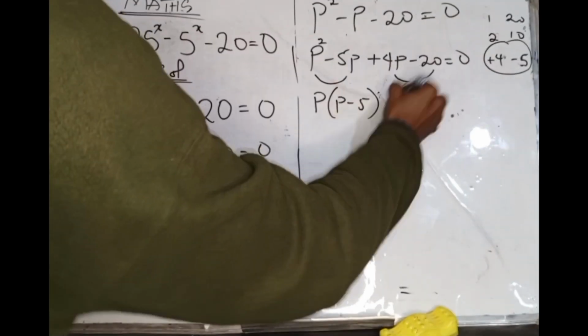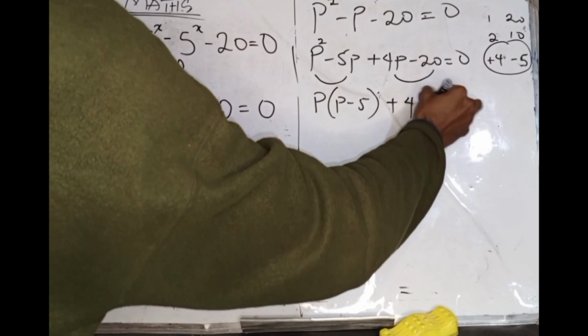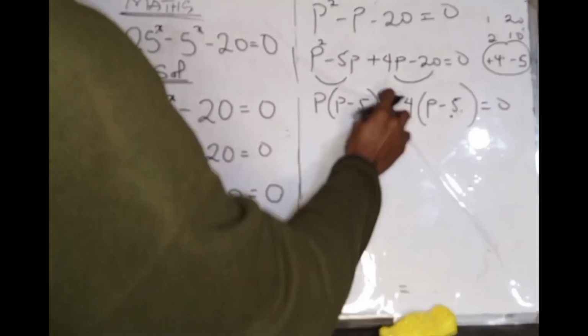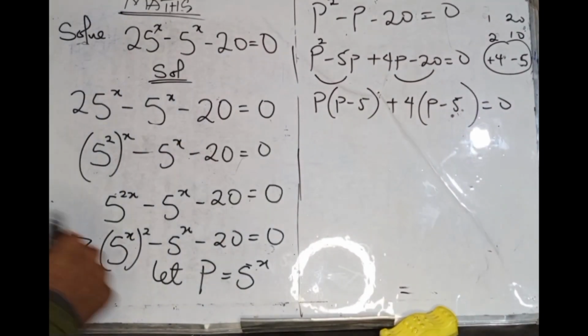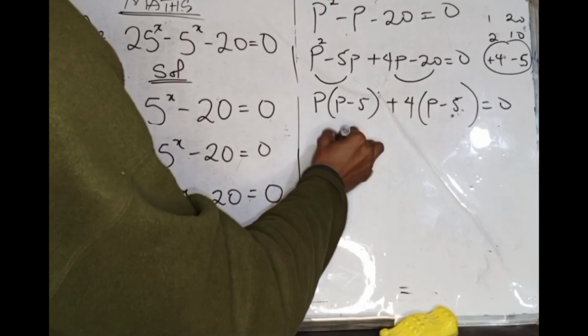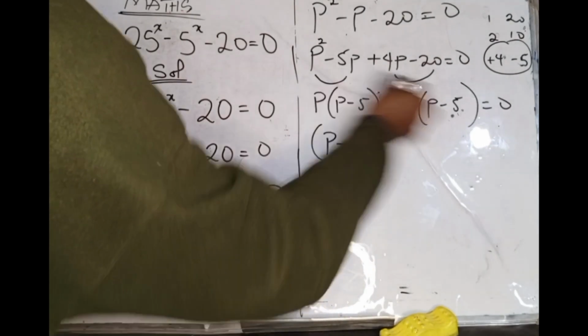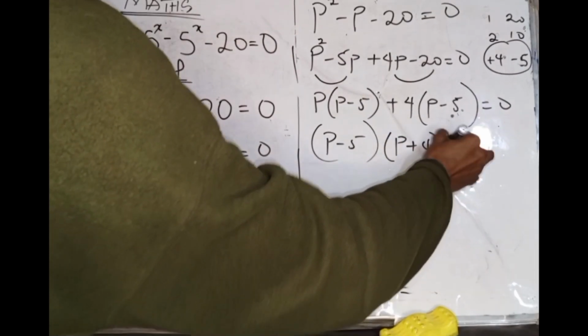What's common here? Plus is common, this sign is always common. What's common here? 4 is common, open brackets, p minus 5 this way, because plus times minus is minus. So at this point I have p minus 5 here, and pick the two outside ones, which are p plus 4 here equals 0.